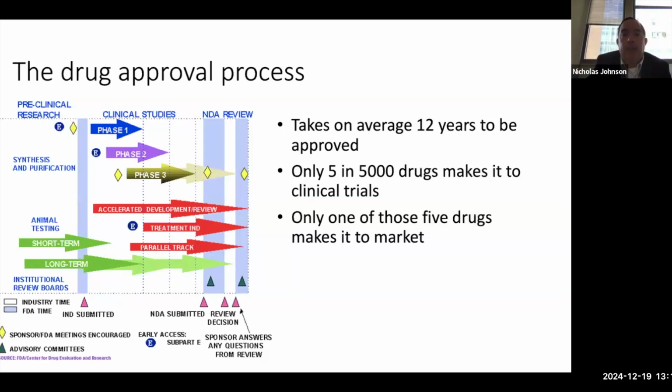So please let us get it approved right now while we're doing our phase 3 trial. That accelerated approval process does provide earlier access to the drug to the larger population, but it often still requires this phase 3 clinical trial.